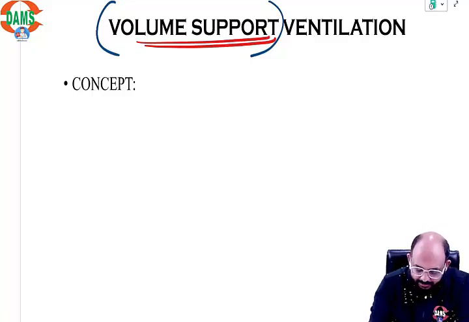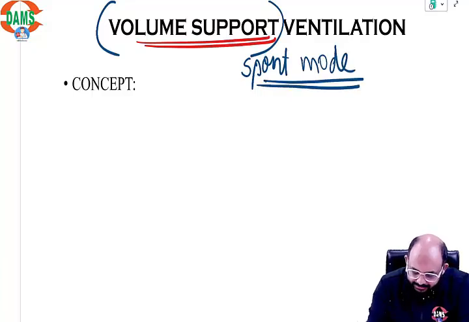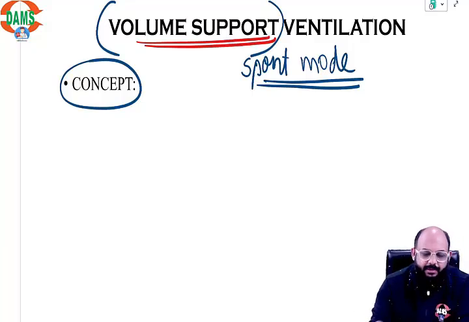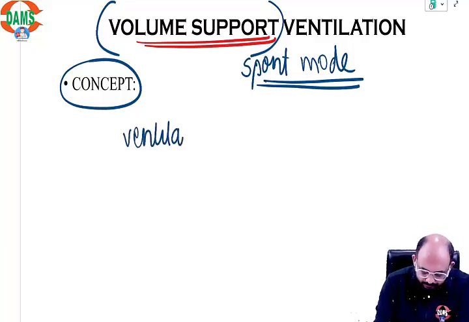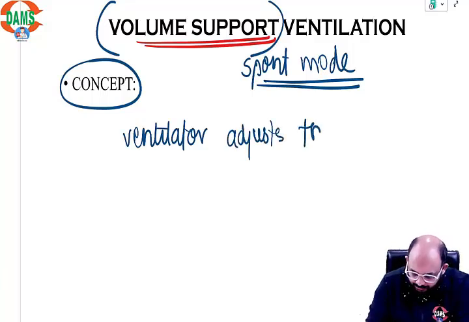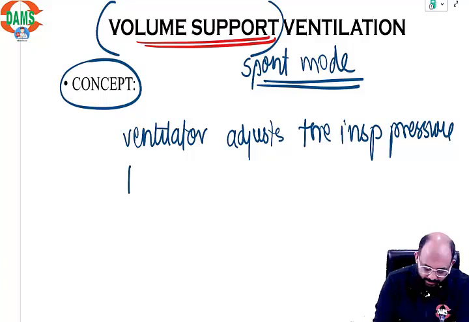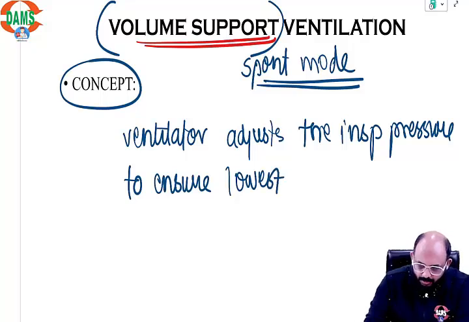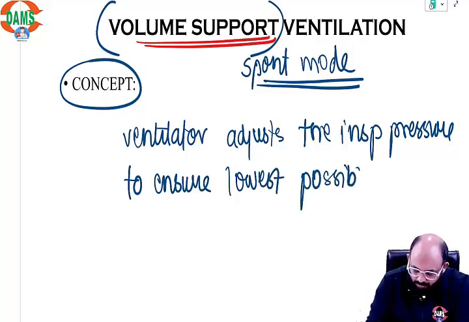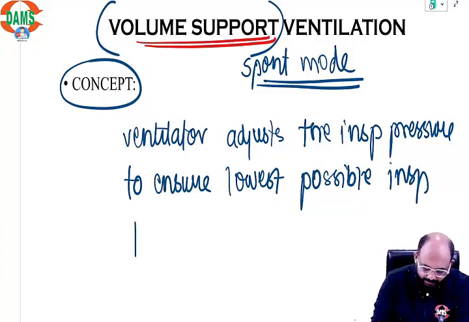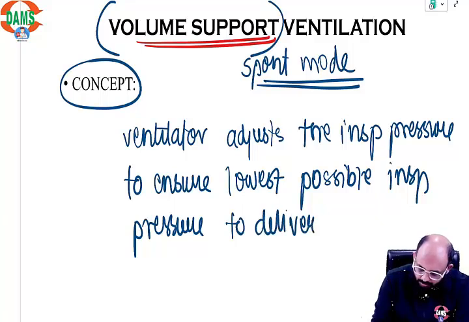So first, it's a spontaneous mode of ventilation. What is the concept here? The ventilator adjusts the inspiratory pressure to ensure the lowest possible inspiratory pressure to deliver a set tidal volume.